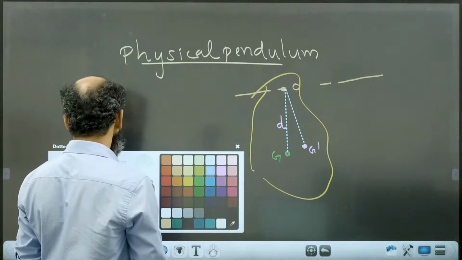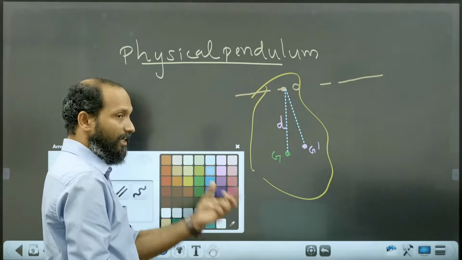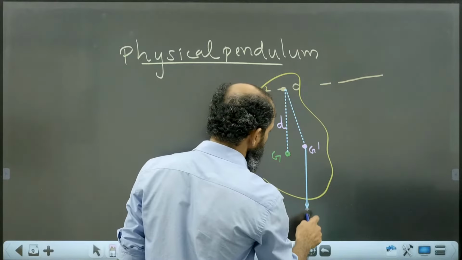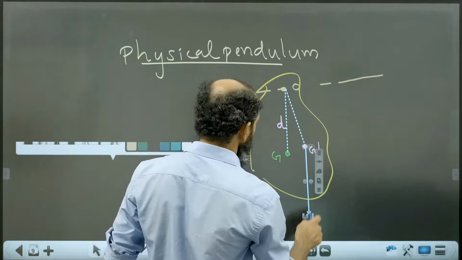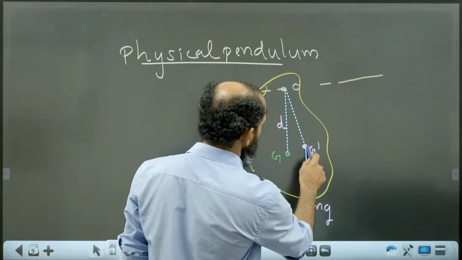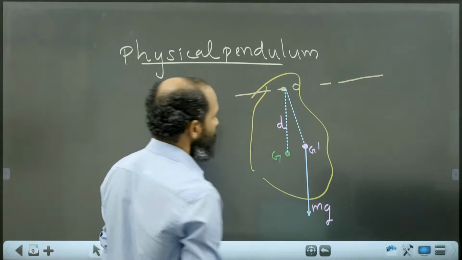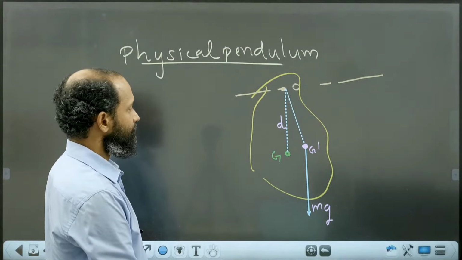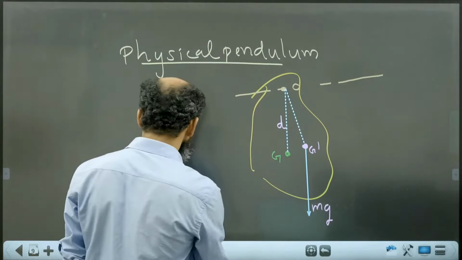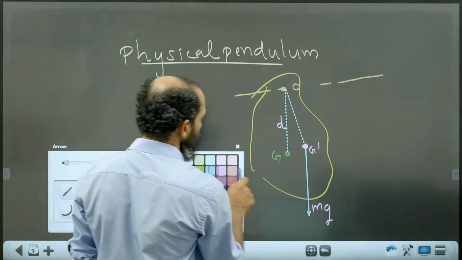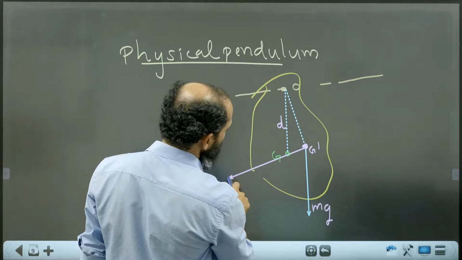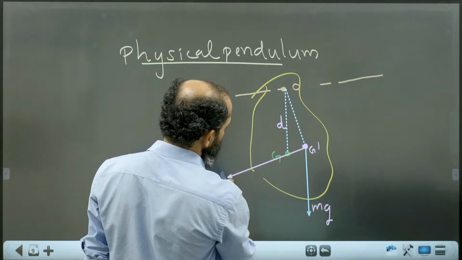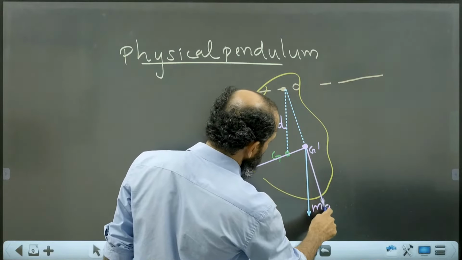Then what are the forces acting on it when left from that position? One is the weight mg. Resolve that force into rectangular components, one along a line perpendicular to the radius and one along the radius.